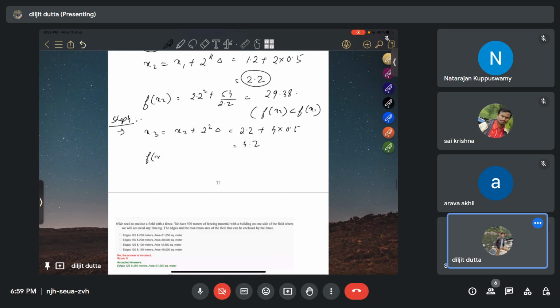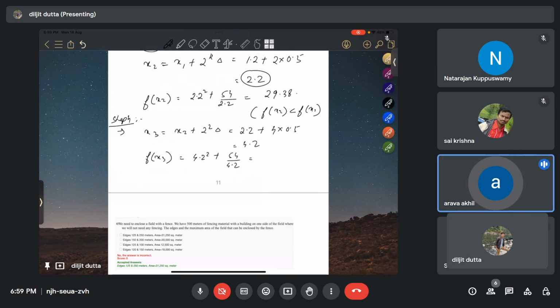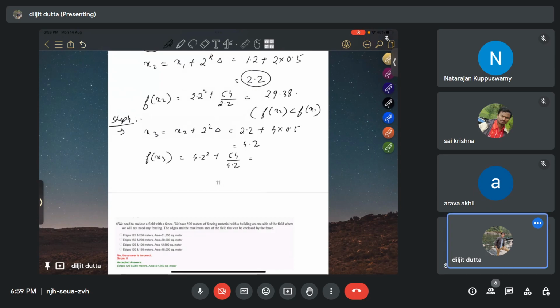Now f of x3 is again what? 4.2 square plus 54 by 4.2, that is 30.4. Yeah, 30.4. So now we see that this value f of x3 is greater than f of x2.